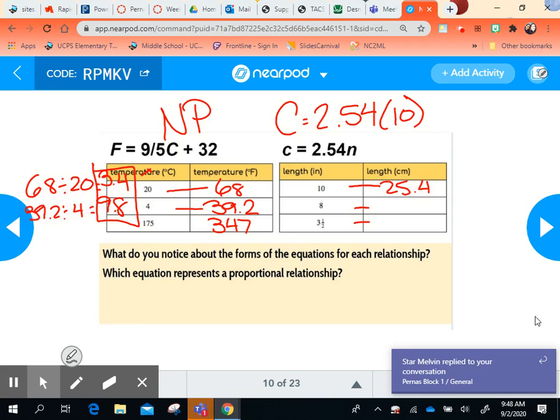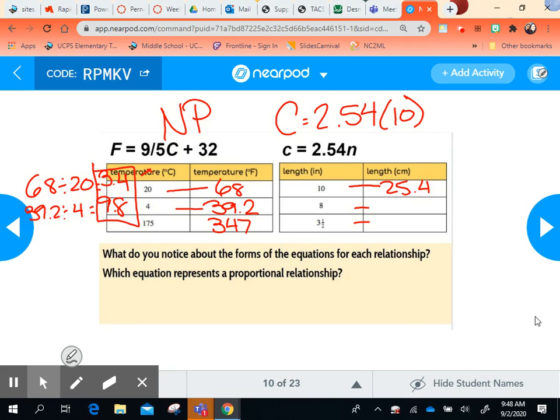Okay, 2.54 times 8 gave me what? I'm going to have you guys sit closer because I cannot hear you. 19 point what? 20. Okay, let's try again.